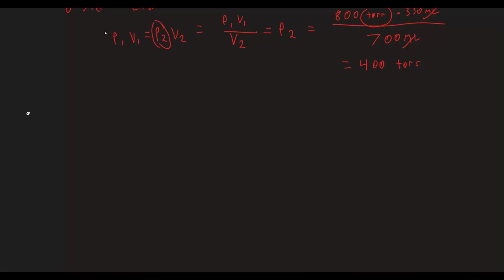Let's say a sample of nitrogen gas has a pressure of 300 millimeters mercury at 200 Kelvin.